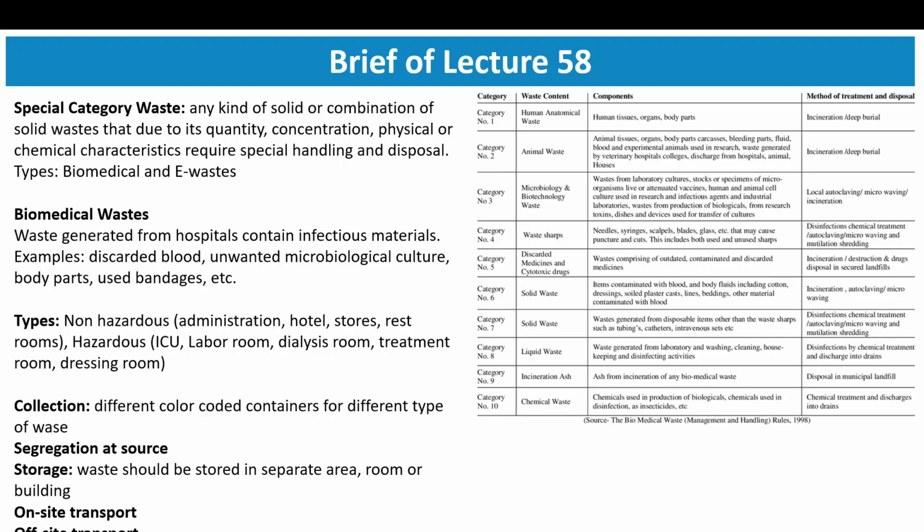So if I give you an example, anything which contains blood, or which contains biological or microbiological culture. Why culture? Because it adds to the growth of microorganisms, which can further spread disease. There could be some body parts, bandages, etc. Right? Now, it can be categorized into two types, non-hazardous and hazardous.